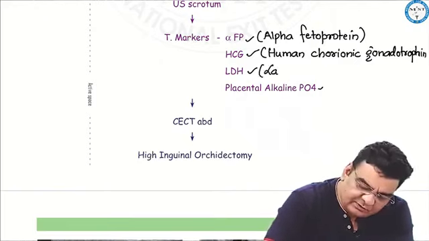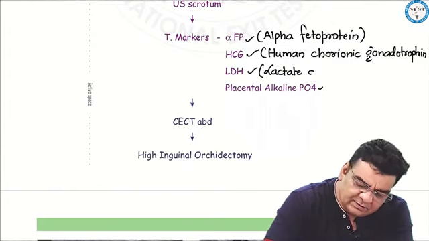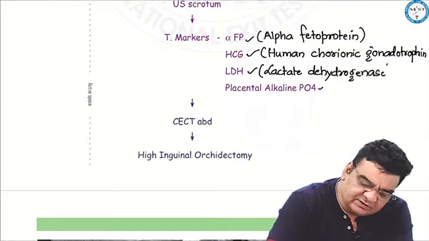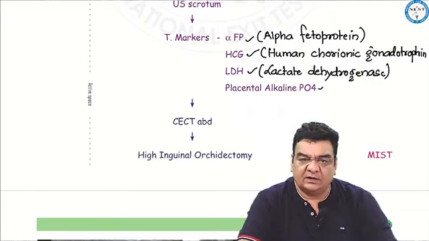This is lactate dehydrogenase. The testicular tumor produce these substances, so the levels of these markers may be increased in blood.